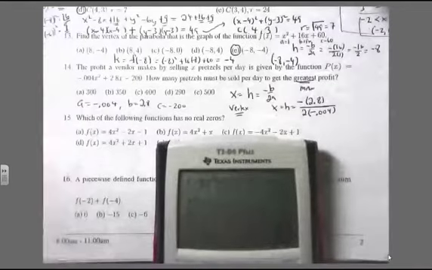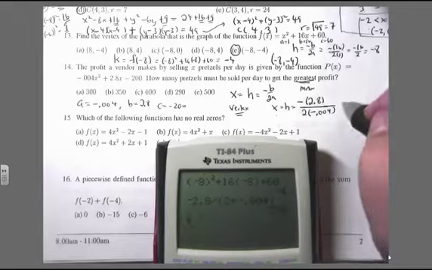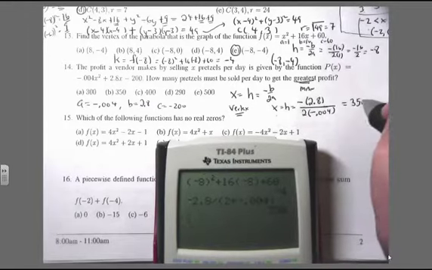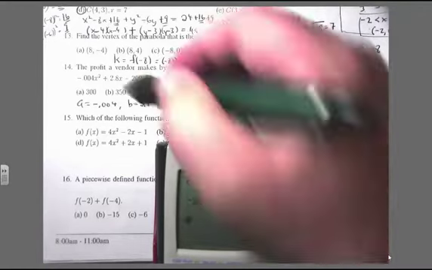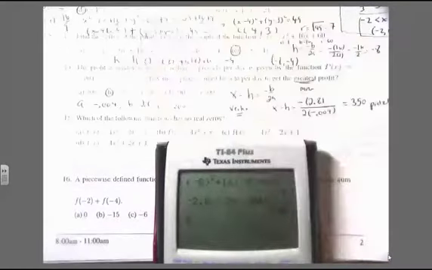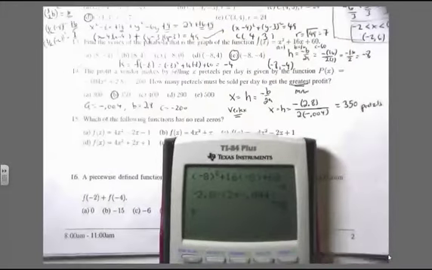So this will be negative 2.8 divided by, don't forget parentheses in your denominator, 2 times negative 0.004. Close parentheses for your denominator. How many? 350 pretzels. So the answer is 350, which is answer B. Does that make sense?